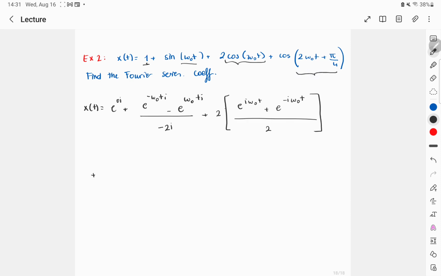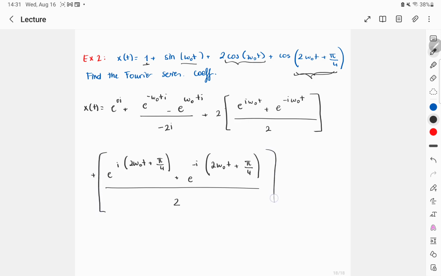Omega 0 in this case is the whole expression over here, this one, and plus pi over 4, plus the negative of this expression, as I will write it over here, 2 omega 0 t plus pi over 4, plus e to the power of minus i 2 omega 0 t plus pi over 4, over 2. Okay, and here we are.